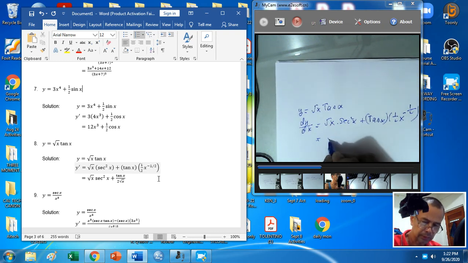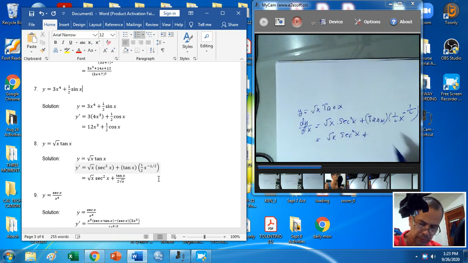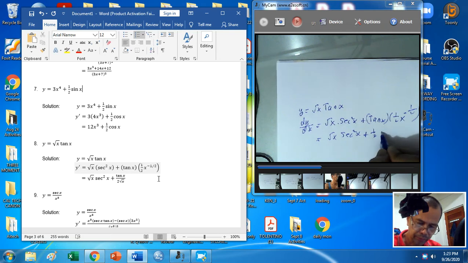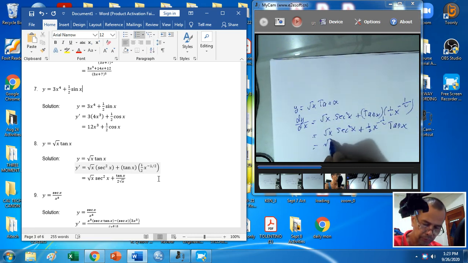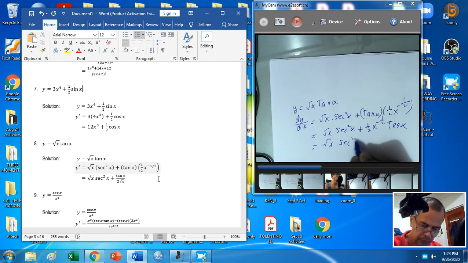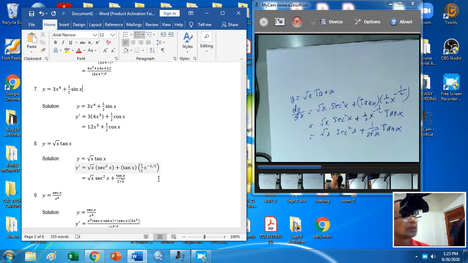So your dy/dx is square root of x secant squared x plus 1/2 x to the negative 1/2 tangent x. Or this is square root of x secant squared x plus tangent of x over 2 square root of x.